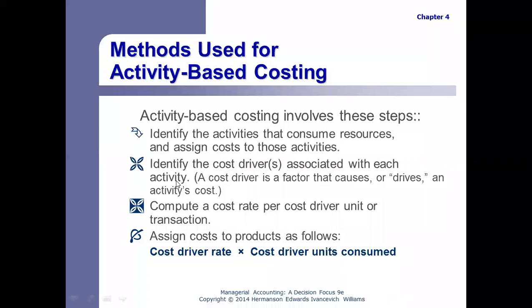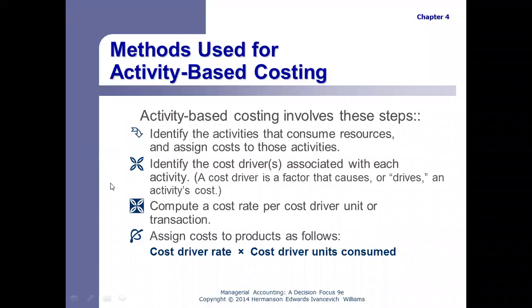Next is to identify the cost driver for each activity. In order to spread out the cost, what is a logical way to spread it out? For a labor-intensive process, for example the cutting of the spam, it makes sense to keep track of the cost for that activity by hours, man hours.